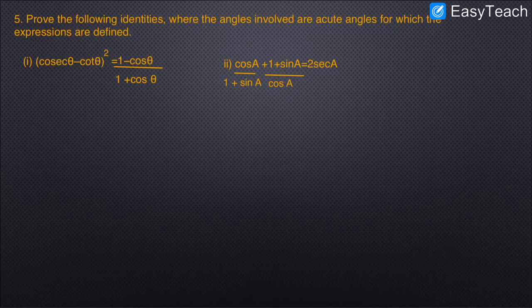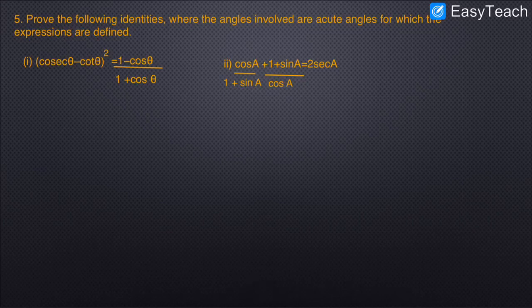Okay, let's move on to the fifth question. Cos A minus sin A plus 1 by cos A plus sin A minus 1 equals cosecant A plus cot A, using the identity cosecant square A equals 1 plus cot square A. I take the LHS side: cos A minus sin A plus 1 by cos A plus sin A minus 1.